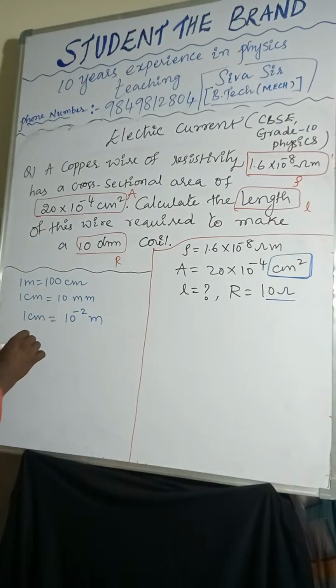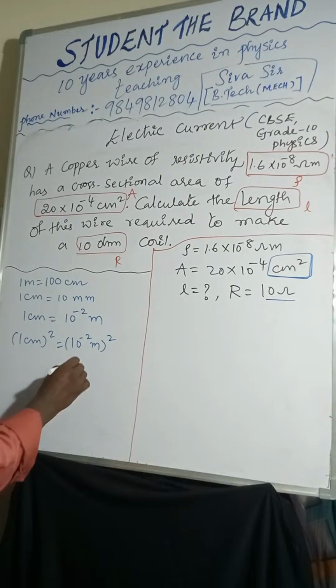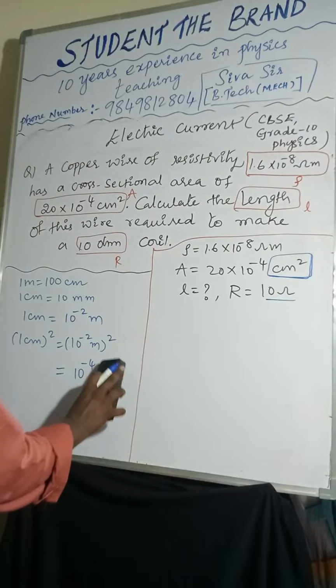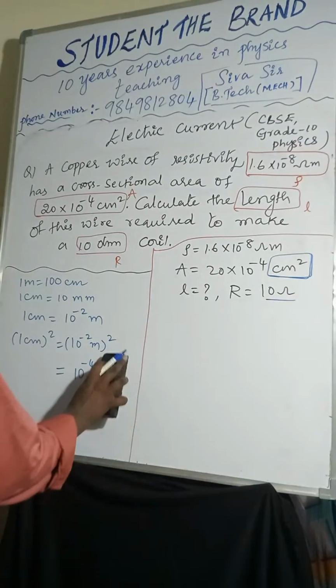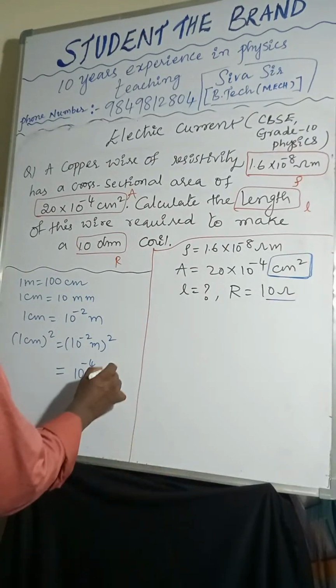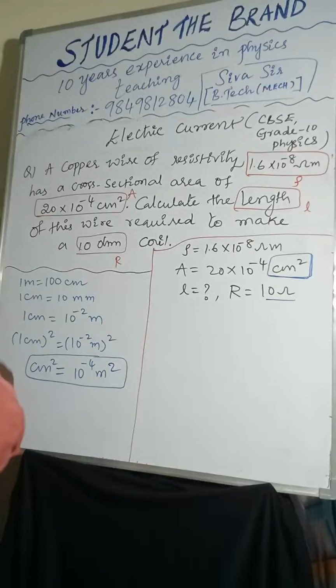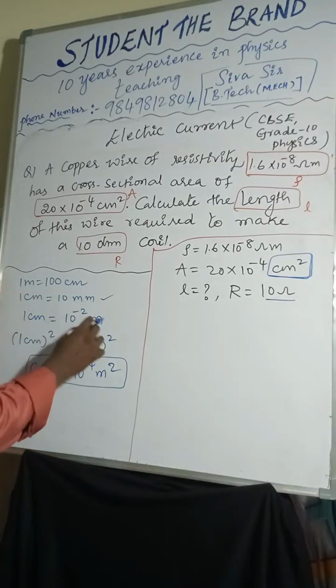So 1 centimeter square is 10 power minus 2 meter whole square, that is 10 power minus 4 meter square.